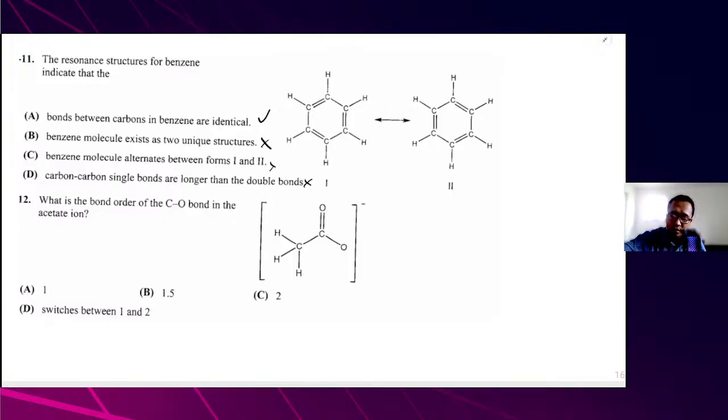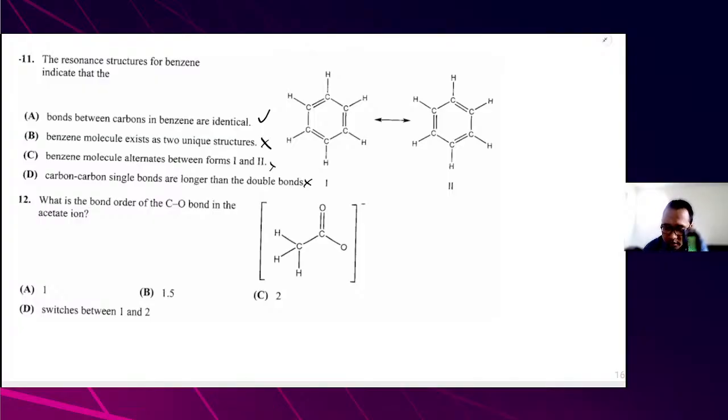Now let's move on to number 12. What is the bond order of the CO bond in the acetate ion?